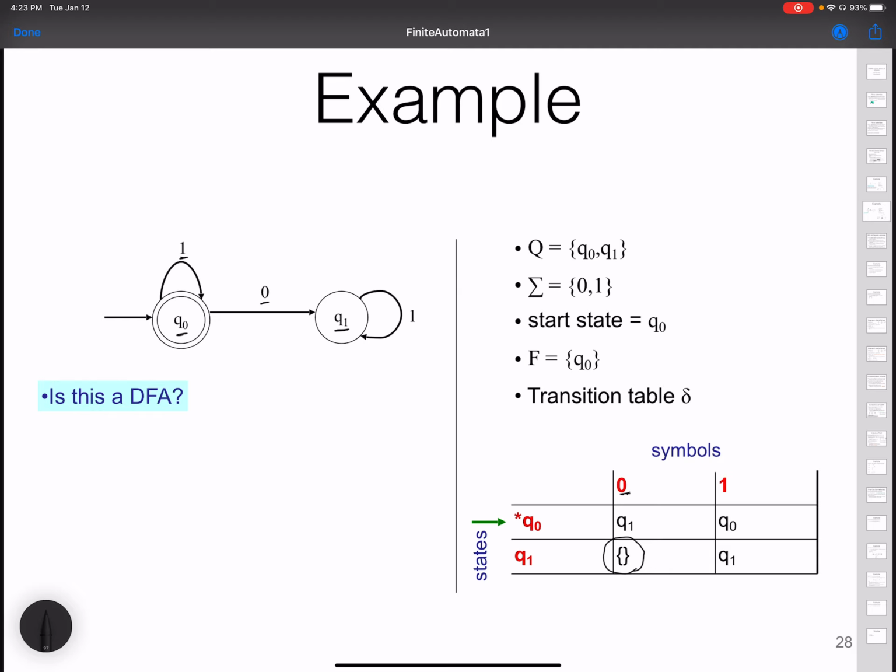So your machine is going to reject the string. That string will be rejected by this finite state. This is just a theoretical definition, but when you say that there is no transition over 0 on Q1, it just means that the machine is going to reject that input string, whatever it is.